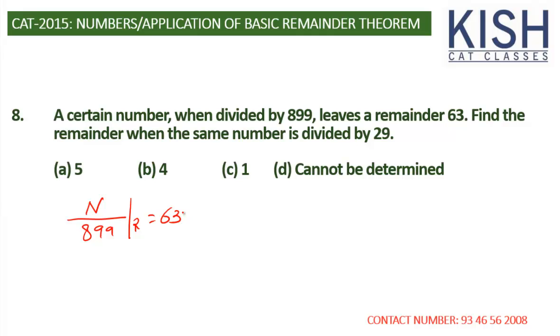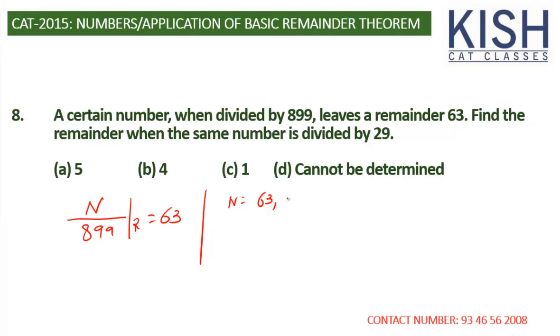Now if the remainder obtained is 63, well, n could be 63 itself. If n is a number which is less than 899, the remainder must be the number itself. So here we can directly say that n is 63. The minimum number n could be 63.